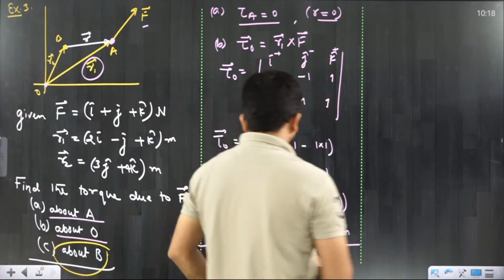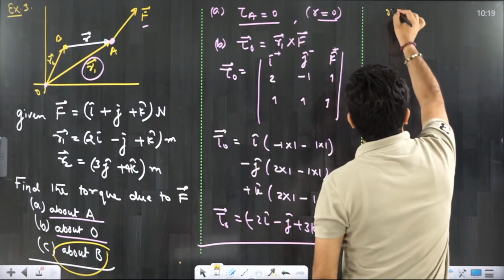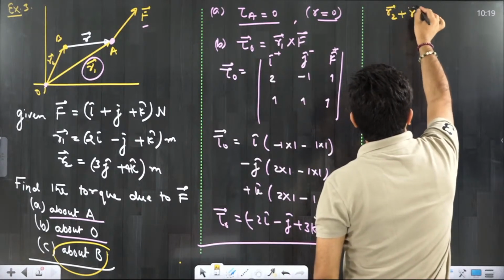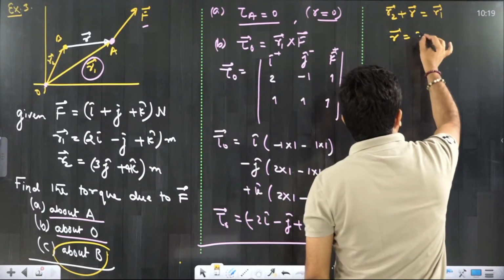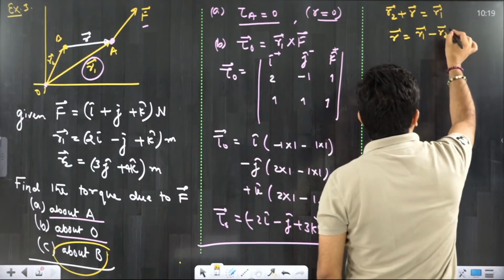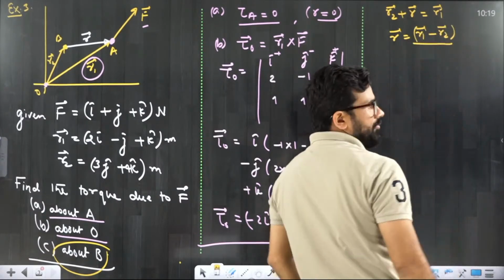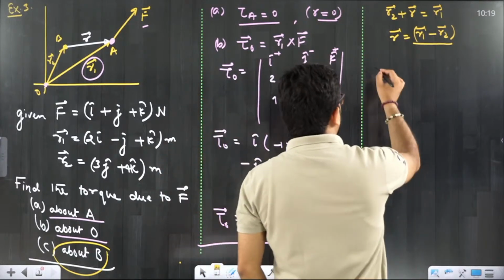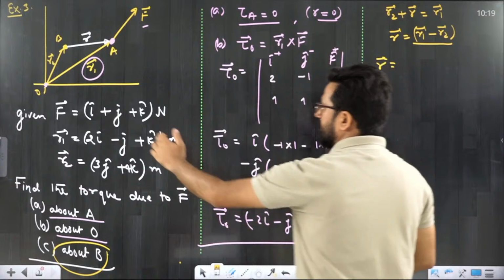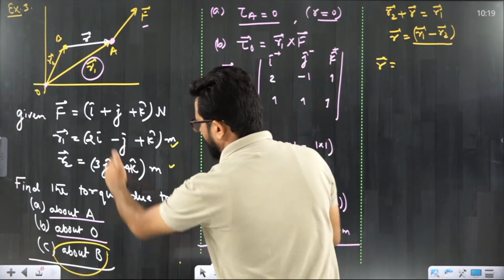I can write it, then only I can solve. So I can say R2 vector plus R vector is equal to R1. We want to calculate R vector, so R would be R1 vector minus R2 vector. From that we have to calculate R, then we can calculate the torque. The R1 is given to you, R2 is given to you, just subtract it.